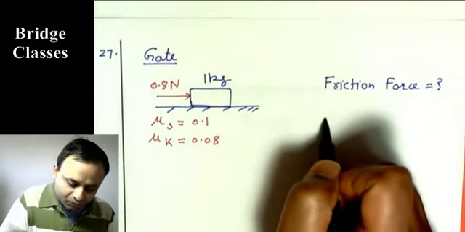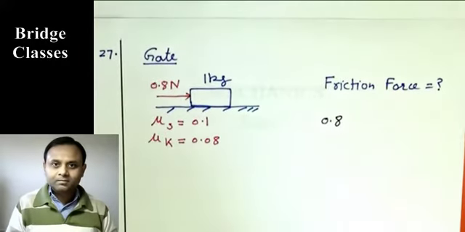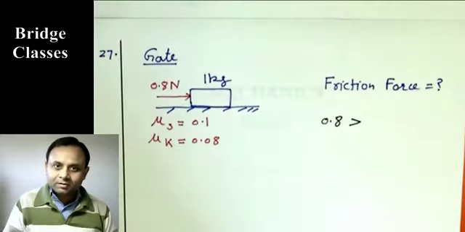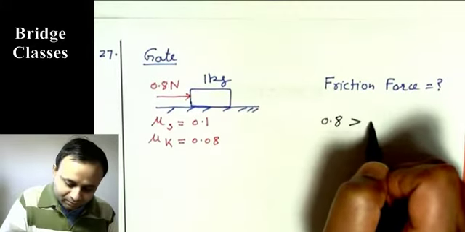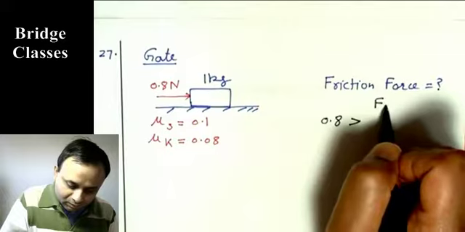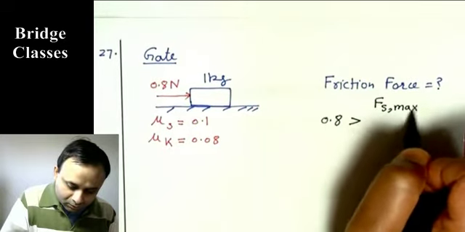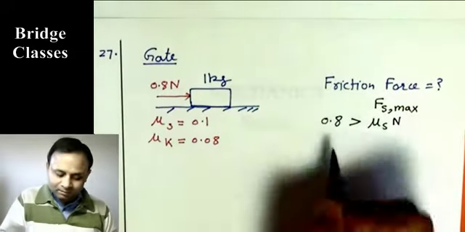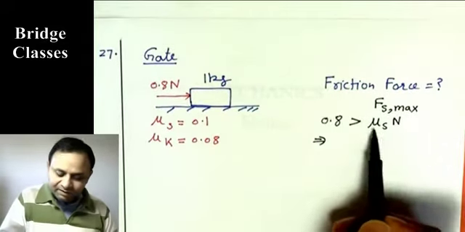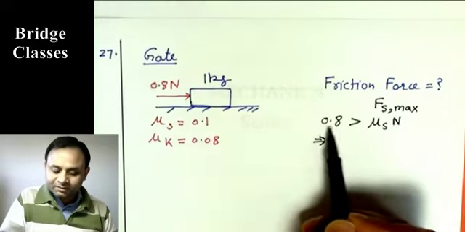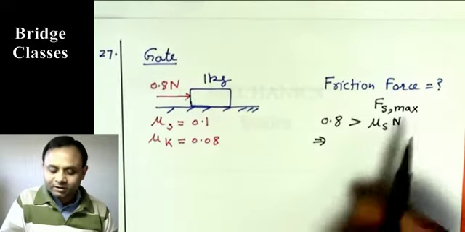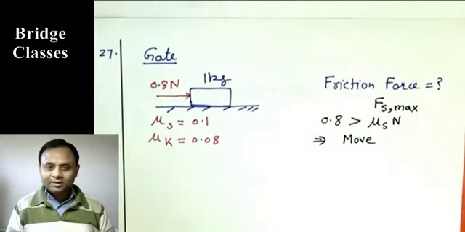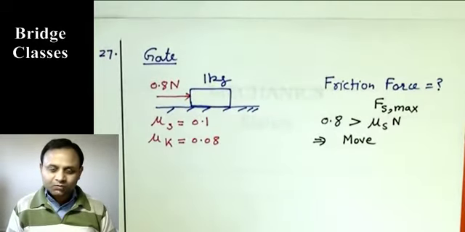So if this force is greater than the maximum possible friction, which is mu s n, then friction is not sufficient to keep the body at rest, because this applied force is greater than friction. That means the body is going to move. Let us see if that is the case.